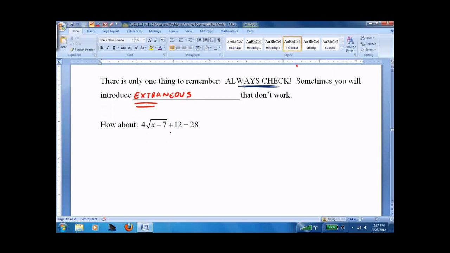Get the radical alone. Get rid of the 12. Divide away the 4. Square both sides.